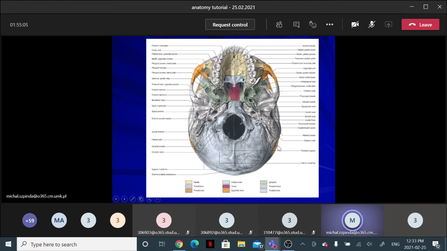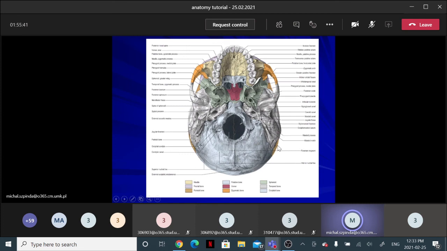Laterally to the styloid process and medially to the mastoid process is the stylomastoid foramen, which is exited by the facial nerve. So the stylomastoid foramen is on the way between the styloid and mastoid processes.